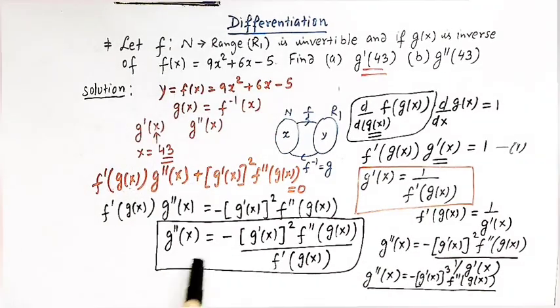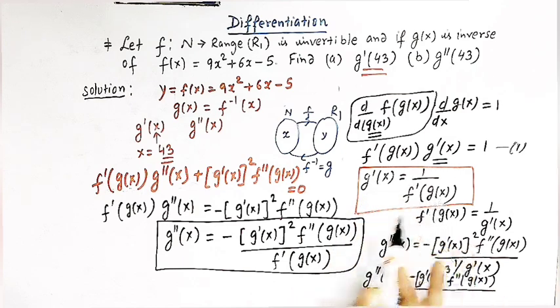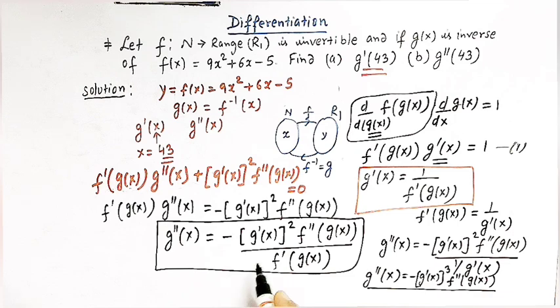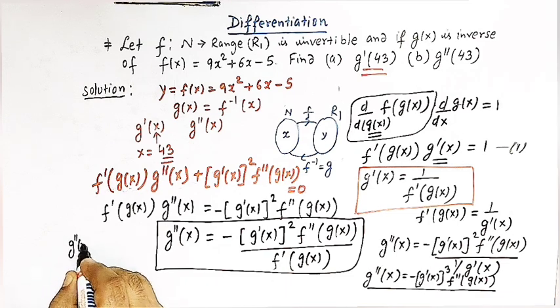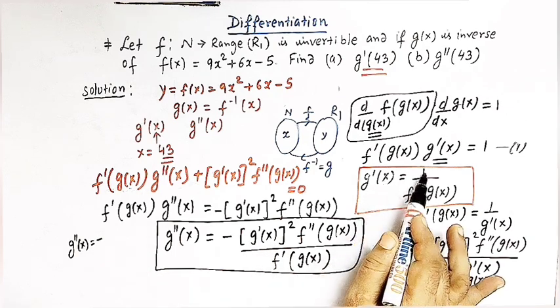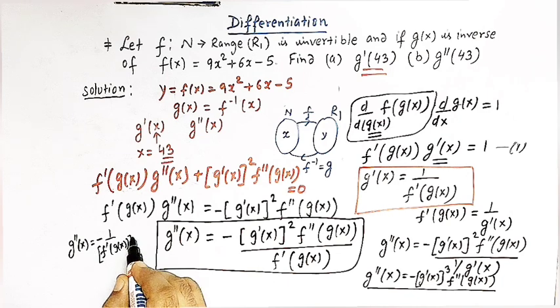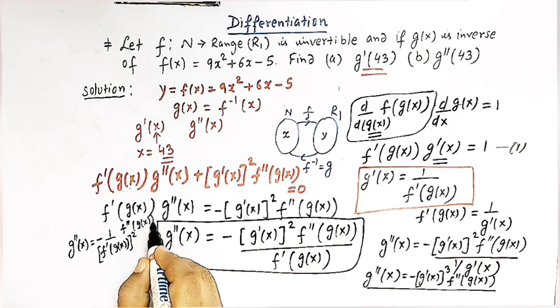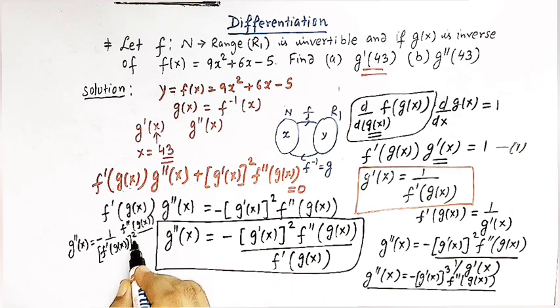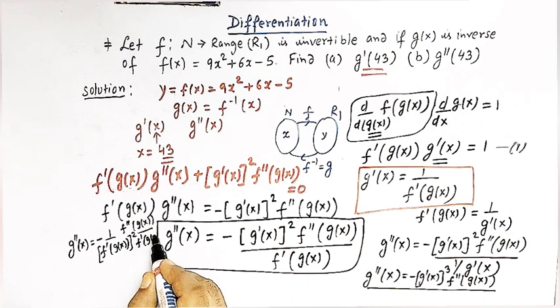Now there is one more form of this expression. If we replace g prime of x by 1 over f prime of g of x in this expression, what we will get is g double prime of x equal to minus 1 over f prime of g of x, squared, times f double prime of g of x divided by f prime of g of x.